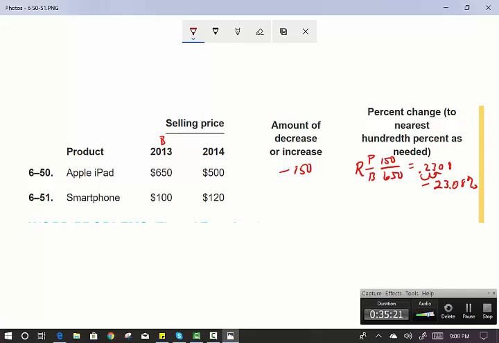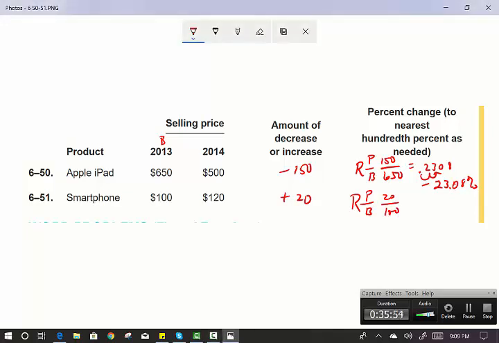Our base year is 2013, and it went up in price for 2014. We're comparing it to 2013, so again, 2013 is your base, and we show that we have a $20 increase. And so we're solving for the rate to find out what our rate of increase is, which is equal to part divided by base. And the part, the amount of the increase, is $20, divided by the base that it was originally in 2013, which is 100.